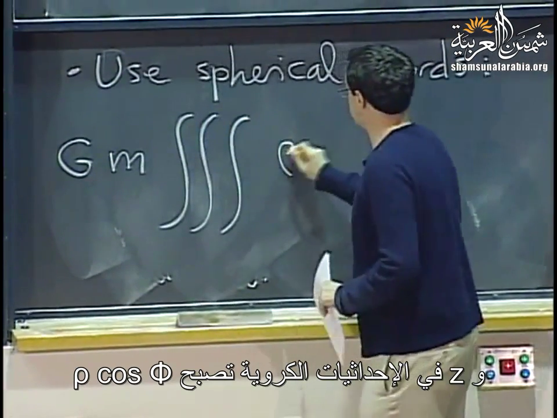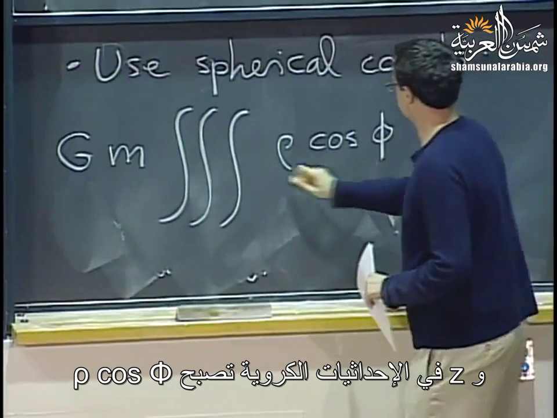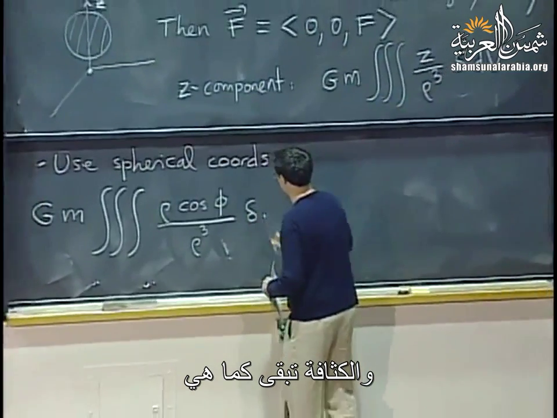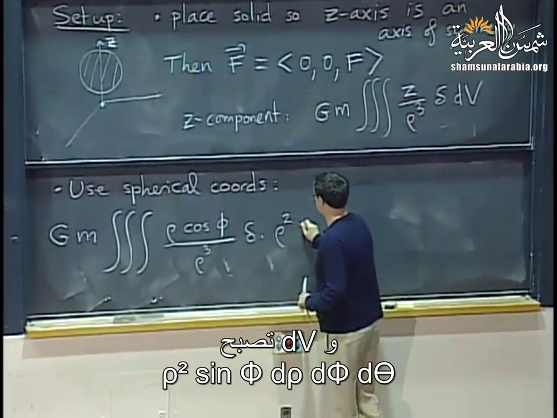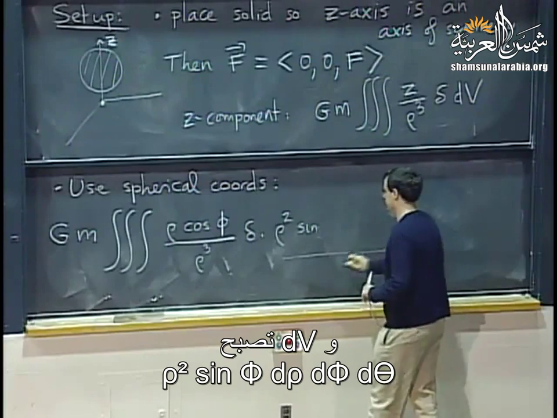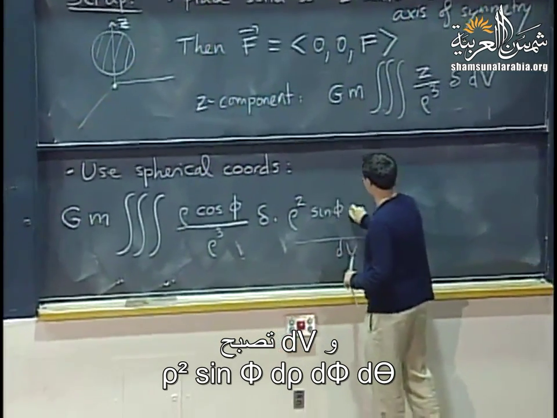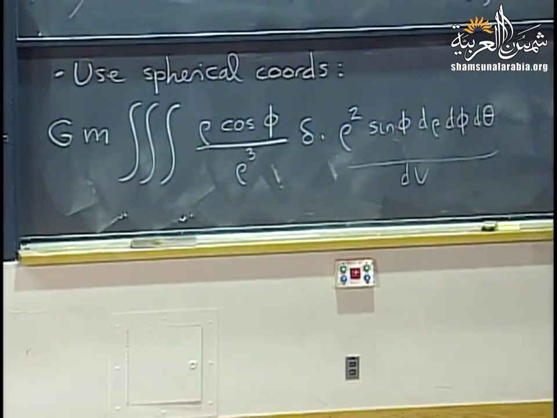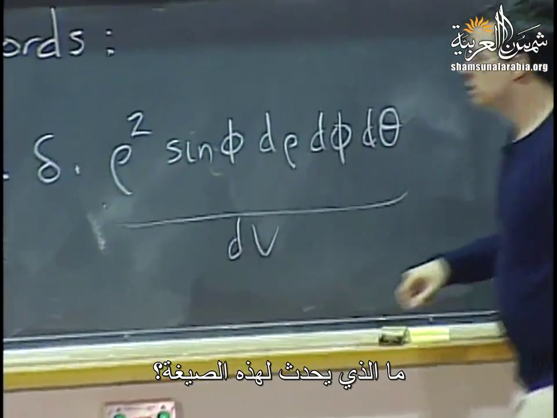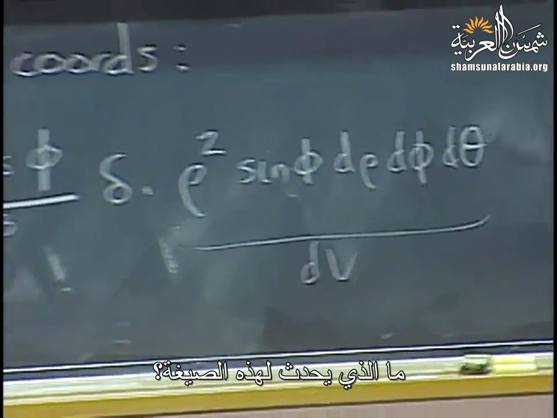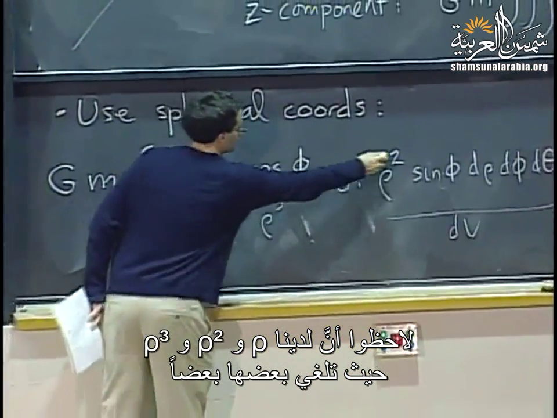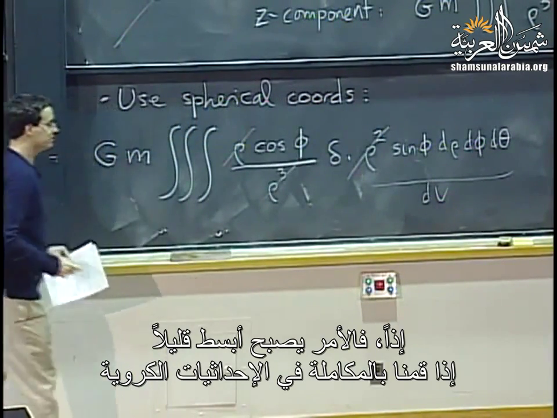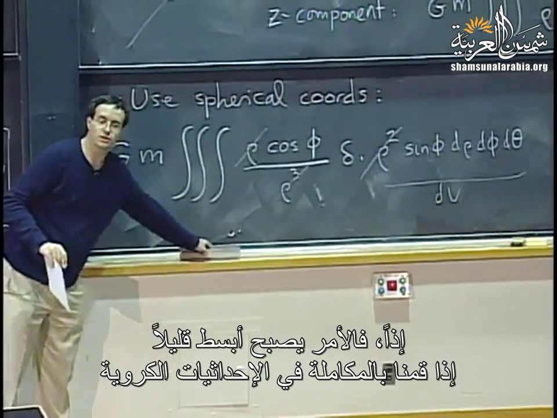Z, well, z in spherical coordinates becomes rho cosine phi over rho cubed. Density, well, we can't do anything about density. And then dV becomes rho squared sine phi d rho d phi d theta. Well, what happens with that? You see that you have a rho squared and a rho cubed that cancel each other. So in fact, it simplifies quite a bit if you do it in spherical coordinates.